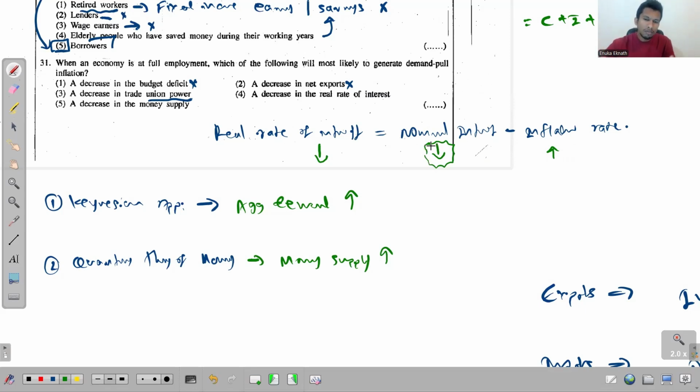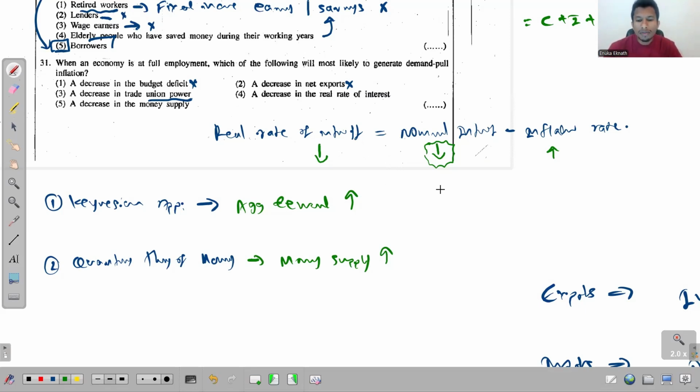The cost of obtaining a loan, I mean the interest, will be very minimum. So they will obtain loans from banks and they will invest in new businesses. They will start consuming more and more by obtaining loans from banks.